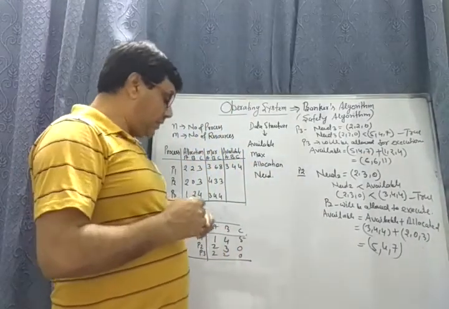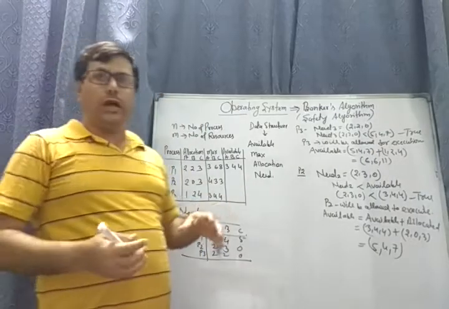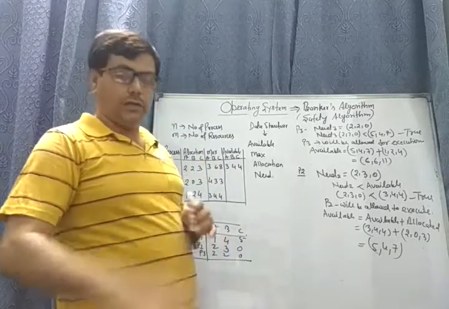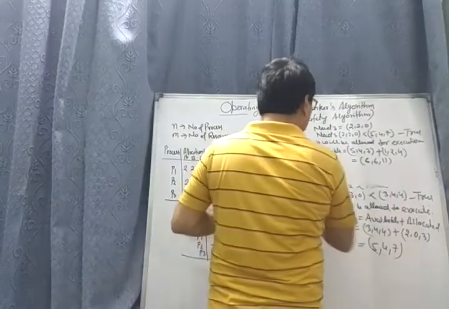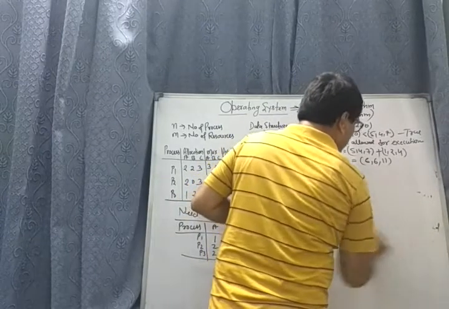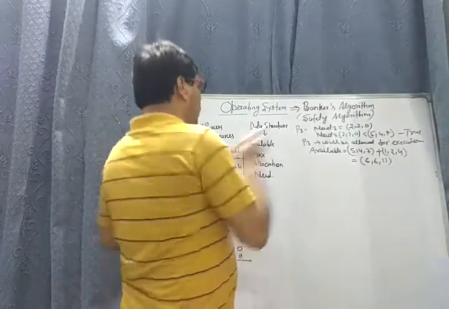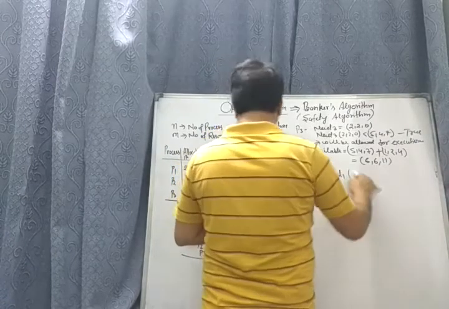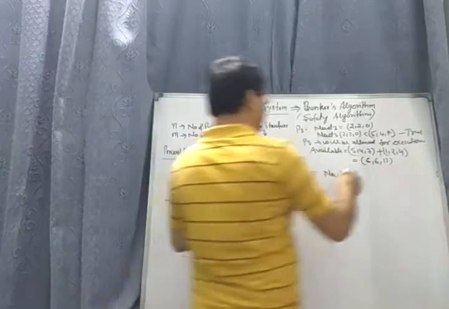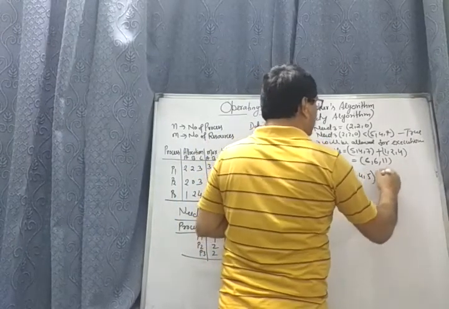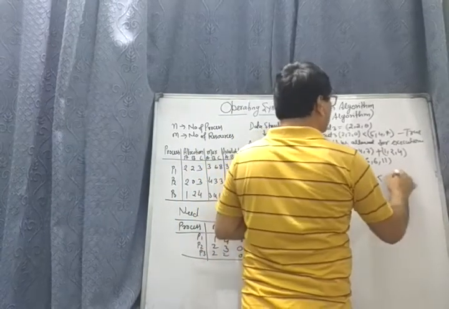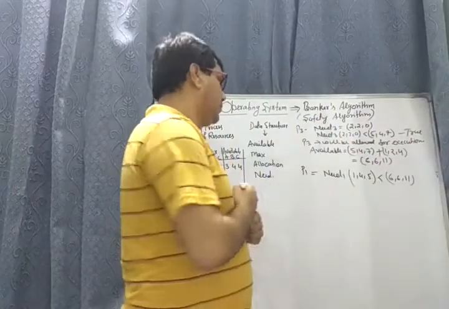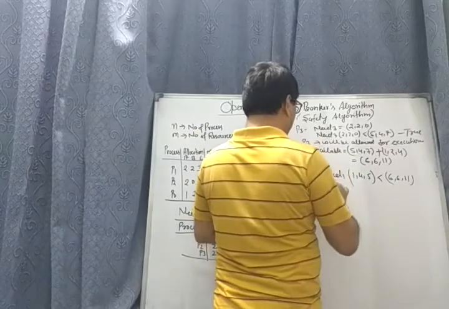Now again we will test whether any other process is waiting or not. Now look here, process P1 is still waiting. Then we calculate for process P1. For process P1, Need1 is what? 1, 4, 5. 1, 4, 5 is now less than available, which is 6, 6, 11.